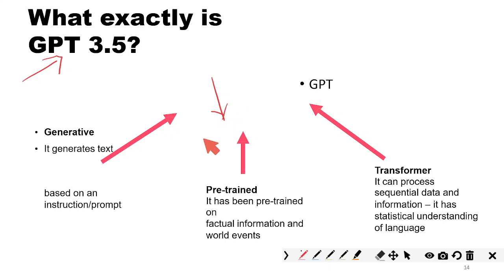Then it is pre-trained on various data sources or knowledge bases, and we will have much more detail in the subsequent slides. Then it also makes use of the transformer, which adds some kind of statistical understanding to the language as a whole.